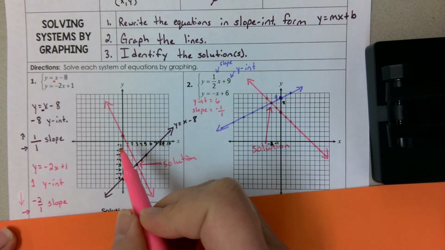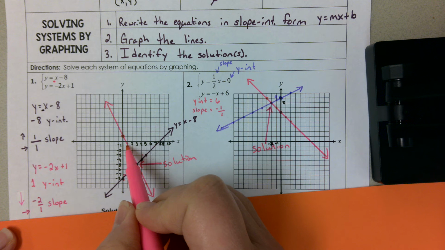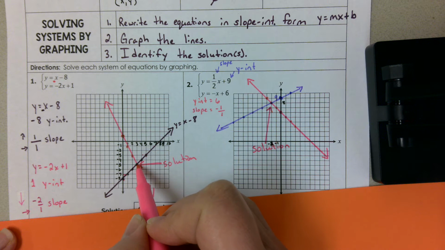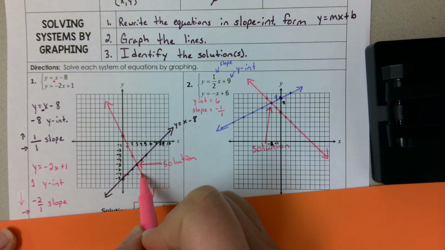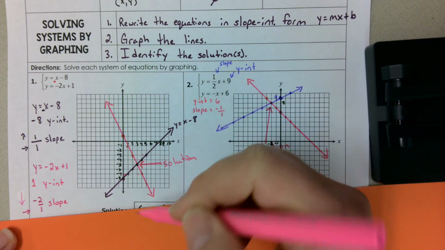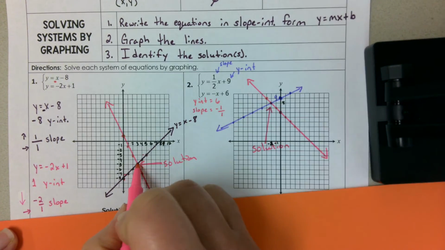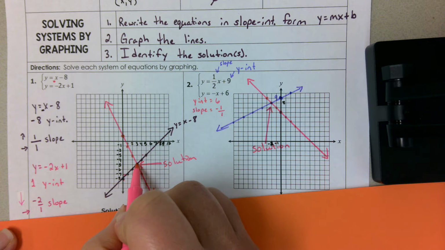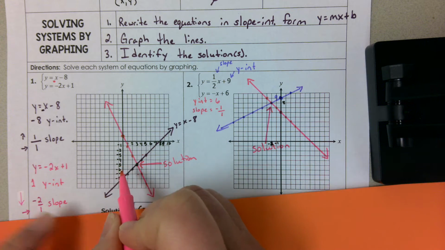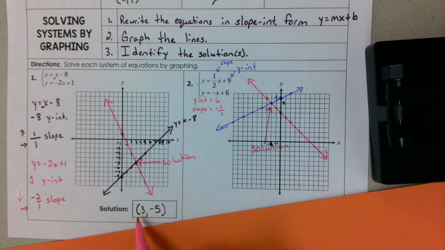So I went down 2, ran 1, plot point. Down 2, run 1. Then I drew my line connecting the dots. My solution is the point where they intersect right here. My x value is 3. My y value is negative 5. So I wrote the point 3, negative 5. That was my solution.